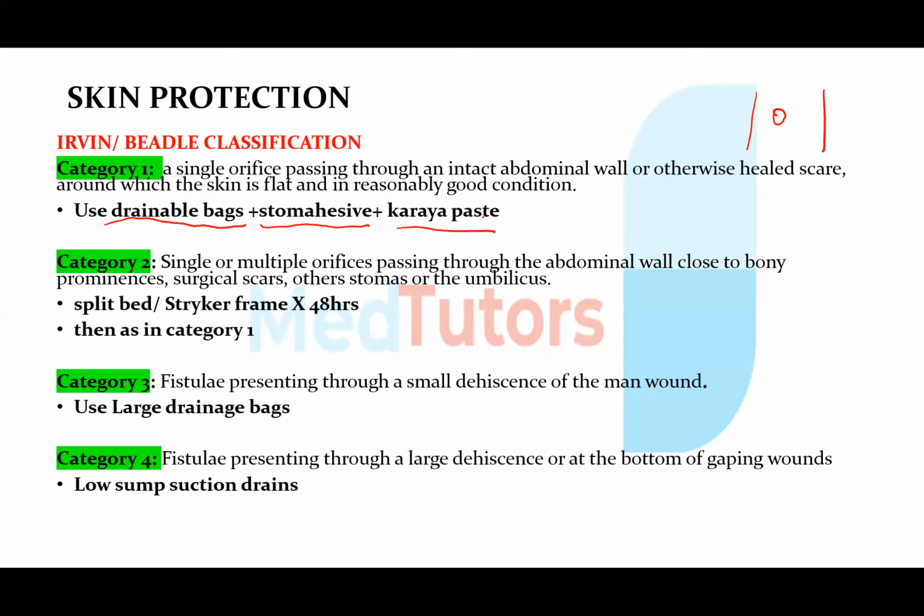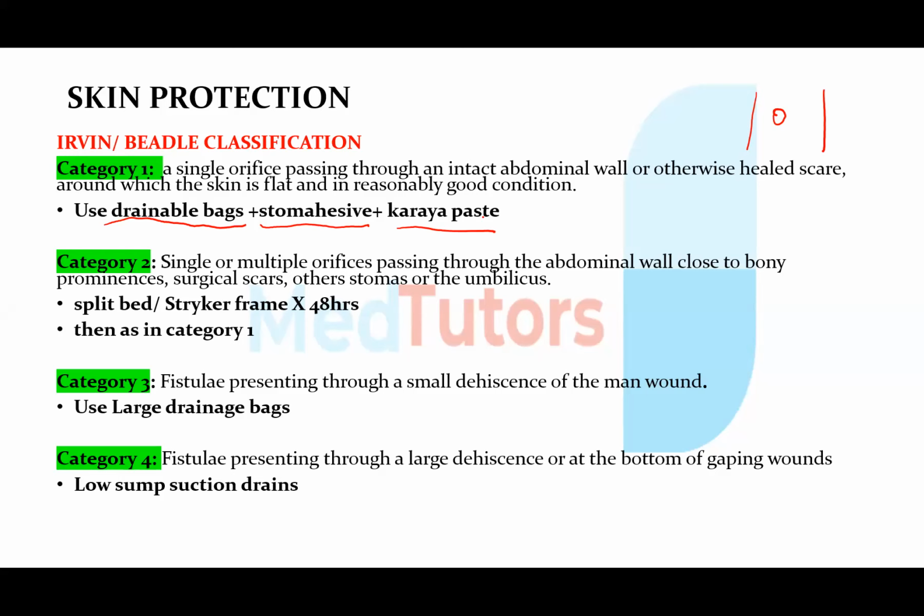That is category 1. Then category 2, it could be a single or multiple orifices passing through the abdominal wall close to a bony prominence, surgical scar, or other stomas, or the umbilicus. So here you will have some degree of difficulty as compared to category 1.